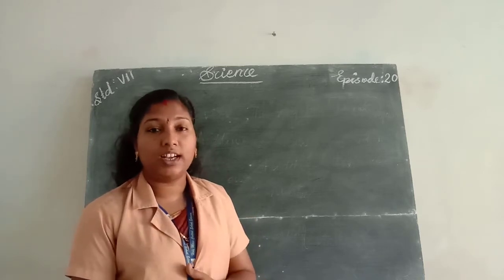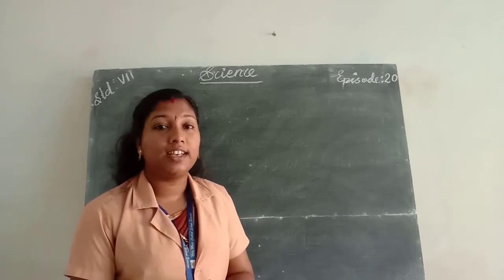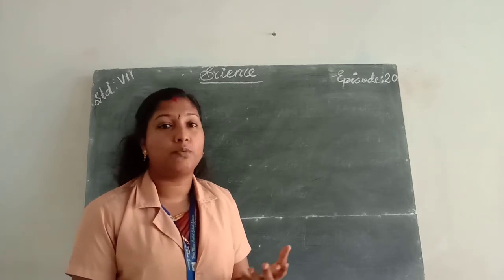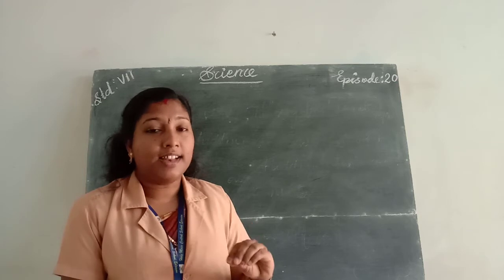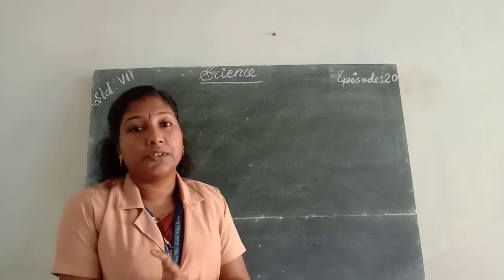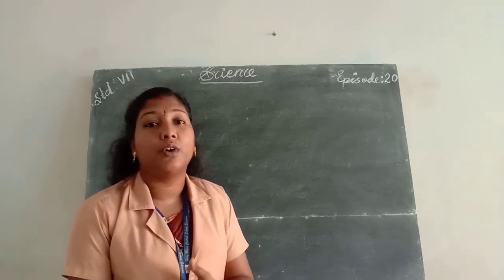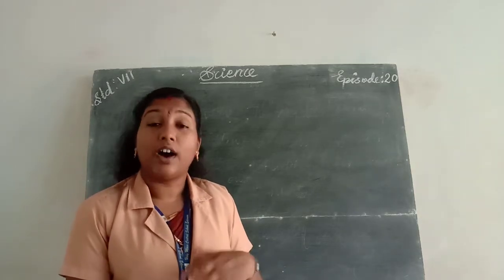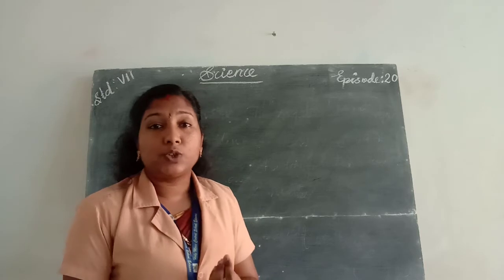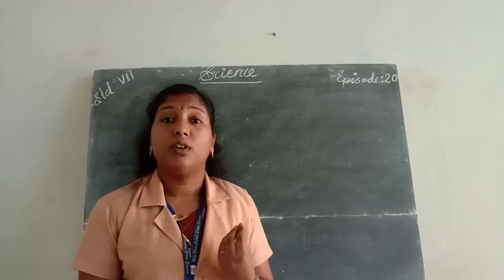What are natural indicators? Natural indicators are the substances which are obtained from plants and plant parts. The chemical substances in plants and plant parts are very useful to test whether a solution is acid or base.